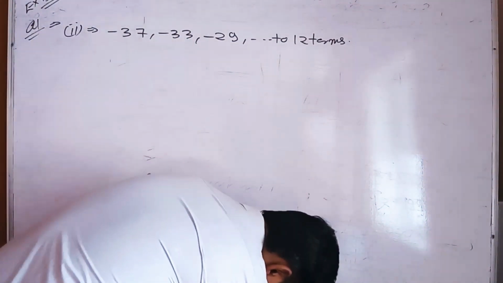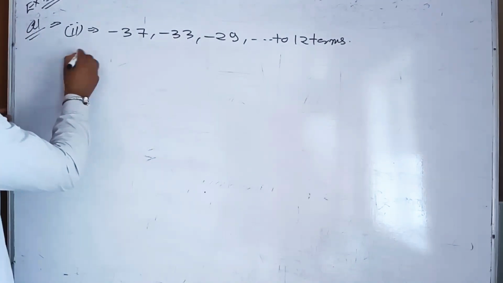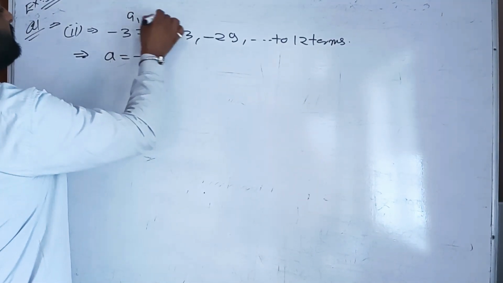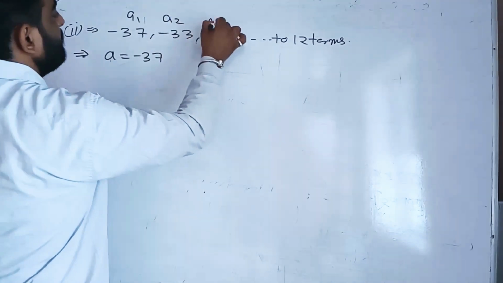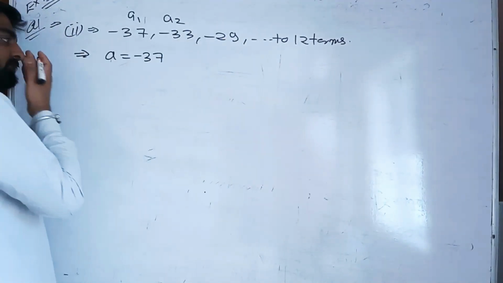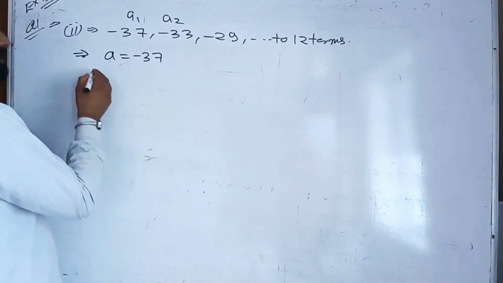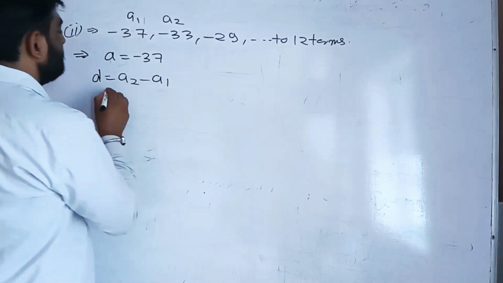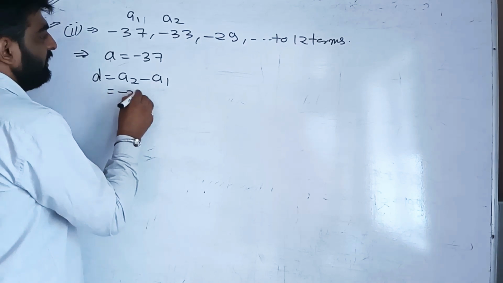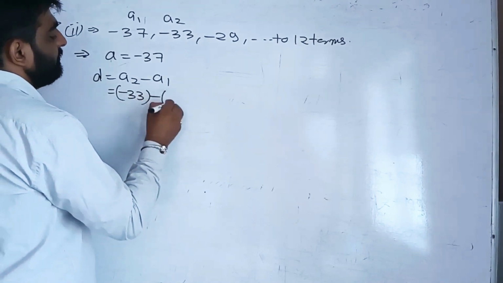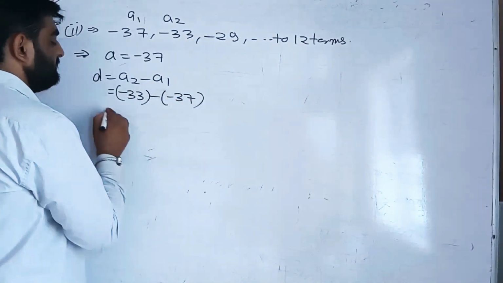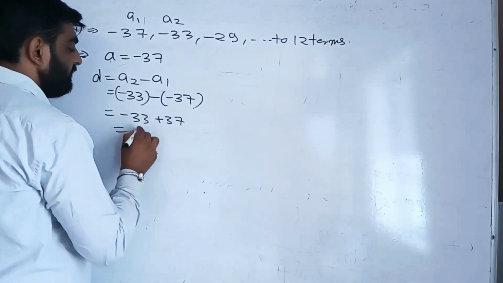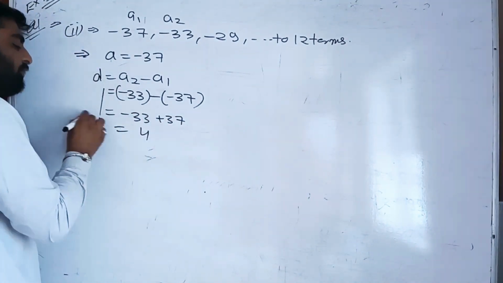Here you just have to specify the values. A is minus 37. d is equal to A2 minus A1, that is minus 33 plus 37, so d equals 4.